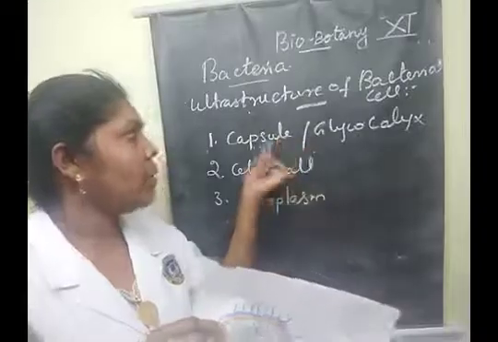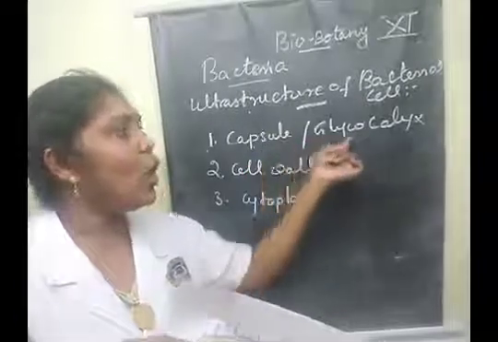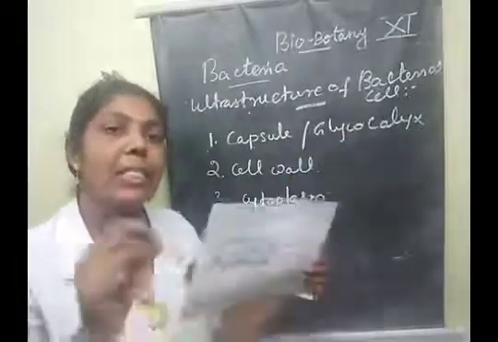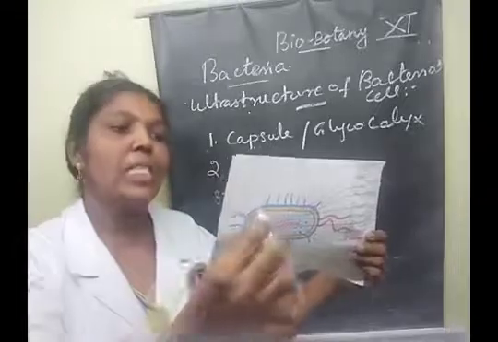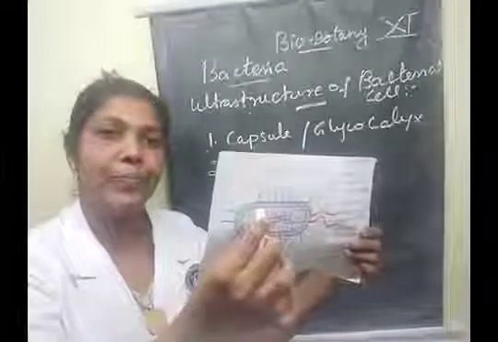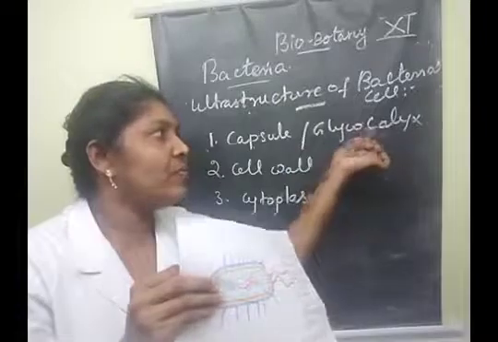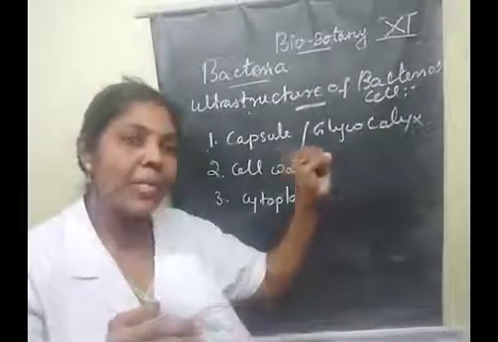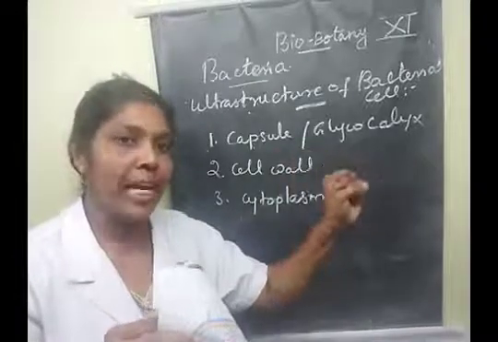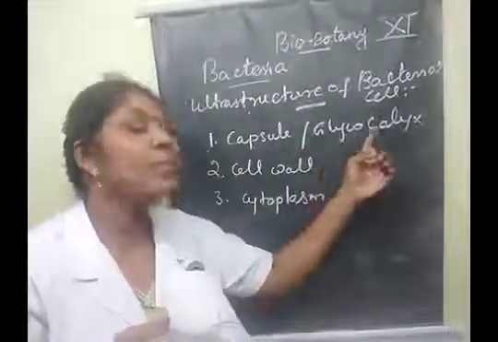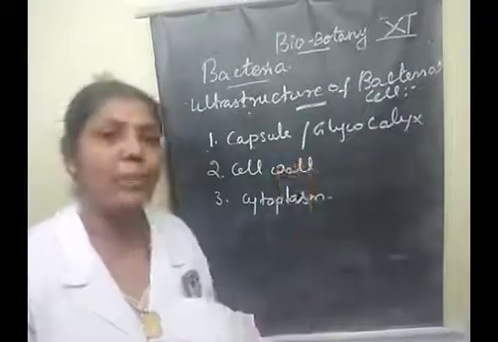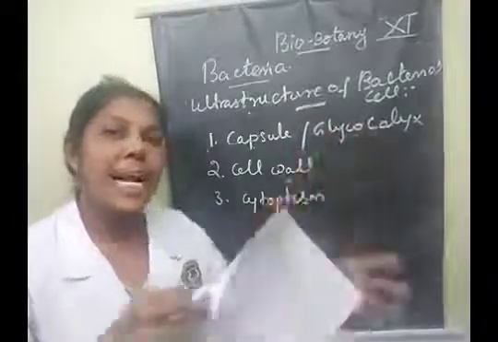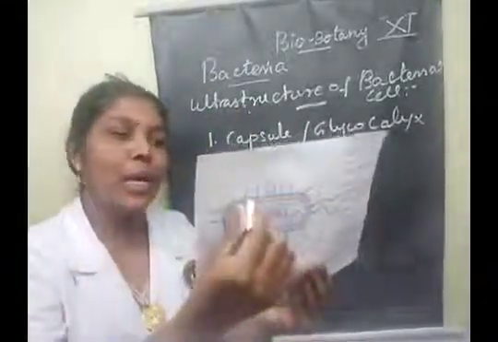Sometimes the 2 chemical substances are present in both. Clear? Yes. Next one, what do you mean by capsule or glycocalyx? The capsule means one thick layer of the glycocalyx that is tightly bound to the cell wall region.